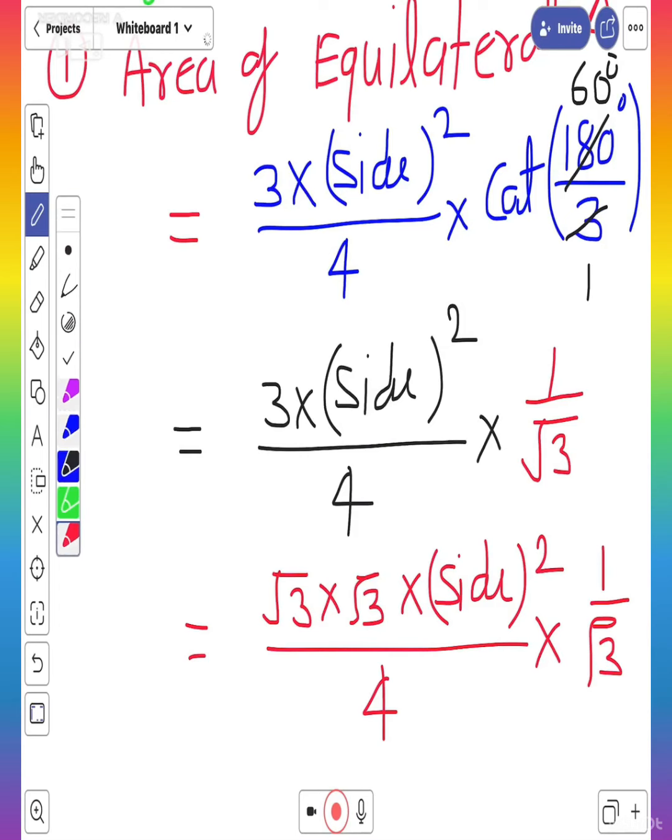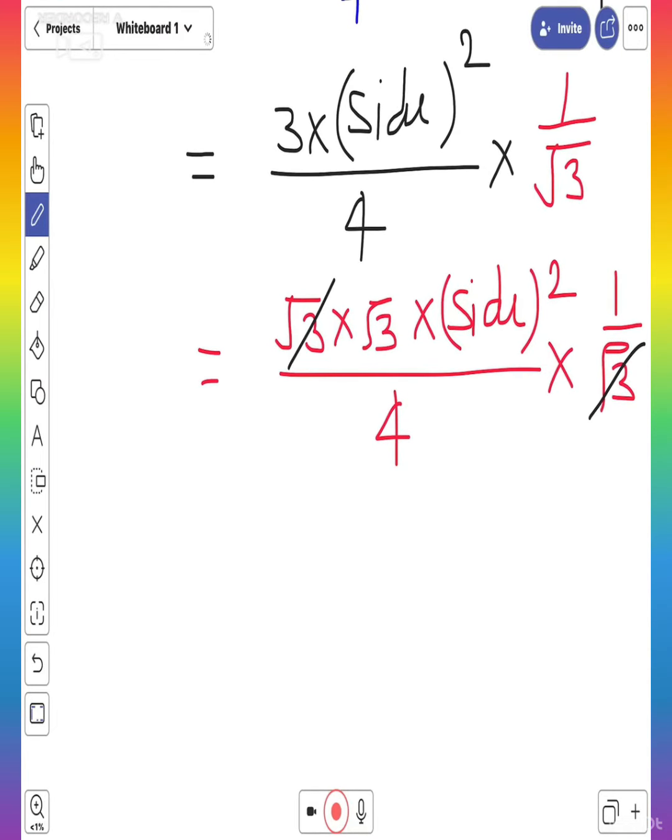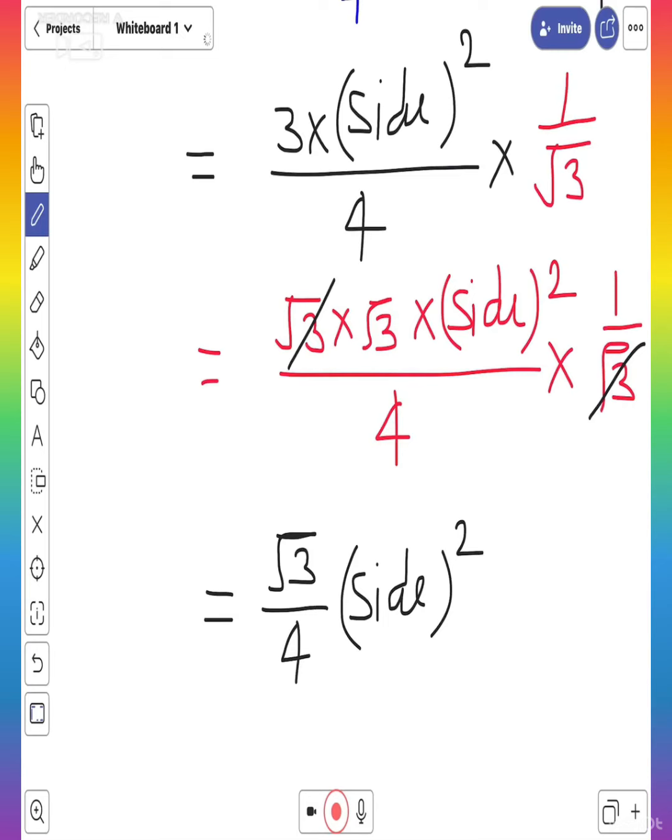So dear, you can see that under root 3 and under root 3 cancel out. What is remaining? Only under root 3 by 4 side square. This is the formula to find the area of a regular triangle, that is an equilateral triangle.